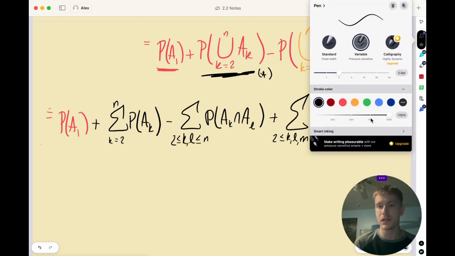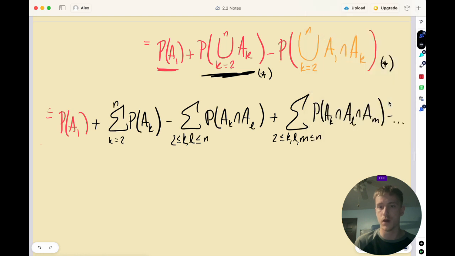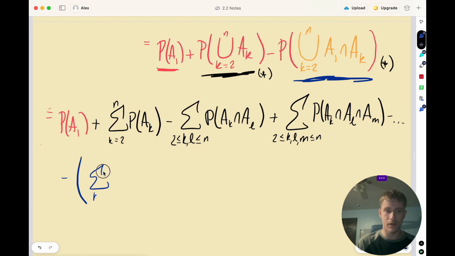And then we have this last term, which I'll do in blue. This is going to be a minus sign out in front, so don't forget about that. And this is going to be minus, big parentheses here. We have the sum from k equals 2 to n of the probability of just this event, the single probabilities of A1 intersect A_k.